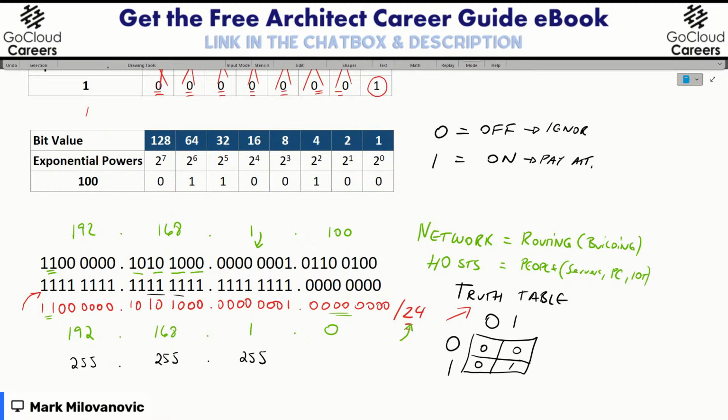That's correct, 255. And what about the fourth octet? All the values are set to 0, meaning we're going to ignore them all. What would that be? Nothing is turned on, right? See, everything is turned off. 0.